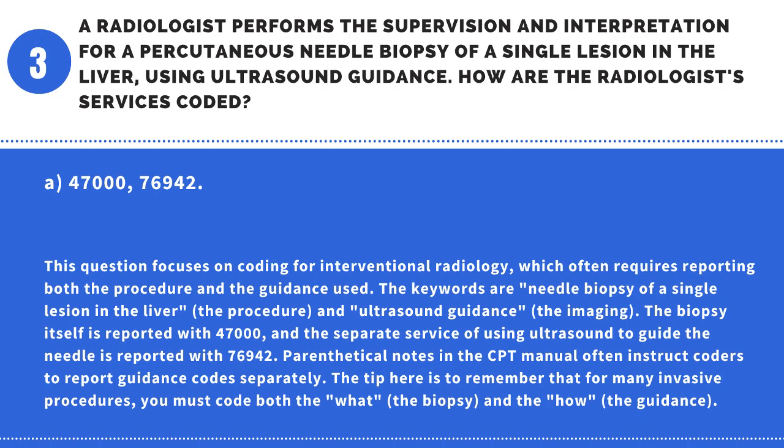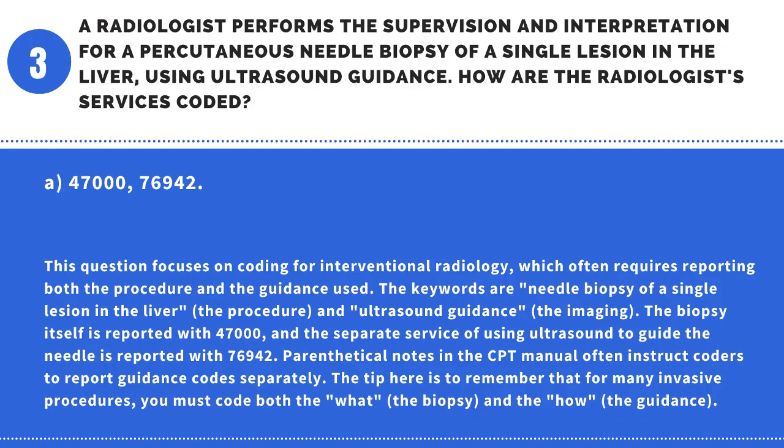Answer: A. 47000, 76942. This question focuses on coding for interventional radiology, which often requires reporting both the procedure and the guidance used. The keywords are needle biopsy of a single lesion in the liver, the procedure, and ultrasound guidance, the imaging.